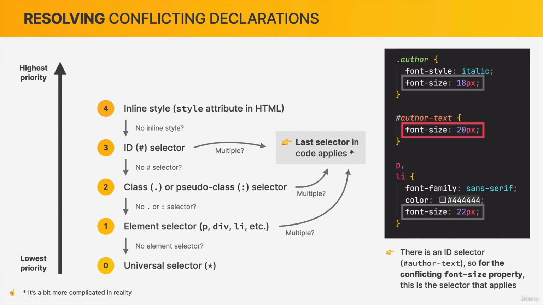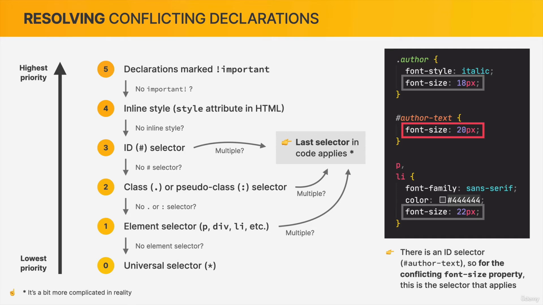Then, with the highest priority, we have declarations marked with the important keyword. And the important keyword is basically just a hack that you can use as a last resort to resolve conflicts in your CSS. But this should usually not be used. So, as I mentioned, it should only be as a last resort. But what matters is that this really is the highest priority that can exist. Whenever we mark a declaration with important, it is the one that will be applied.